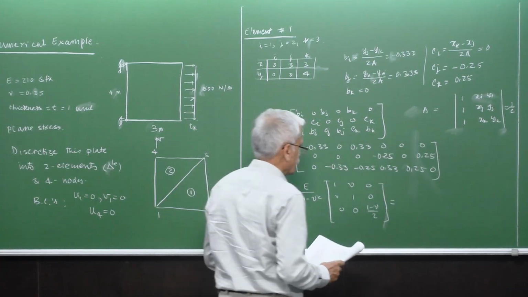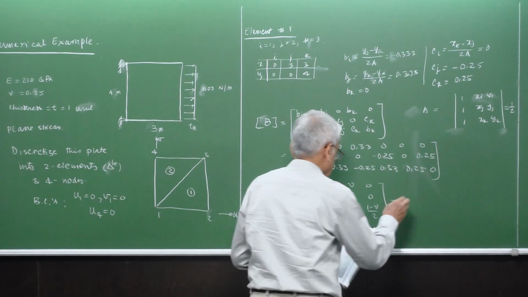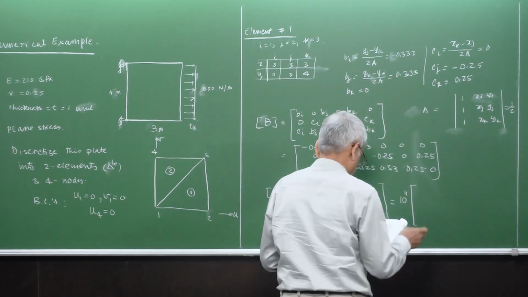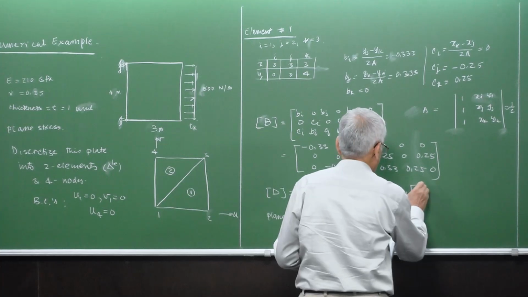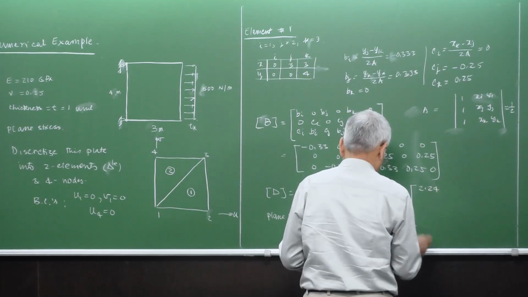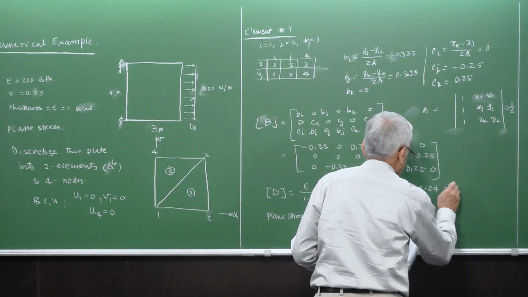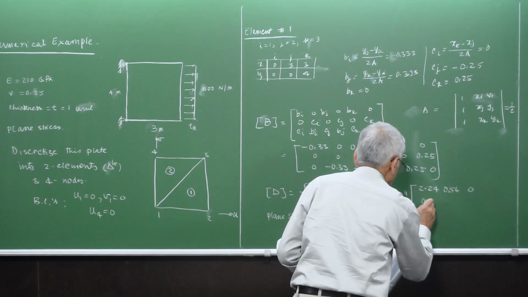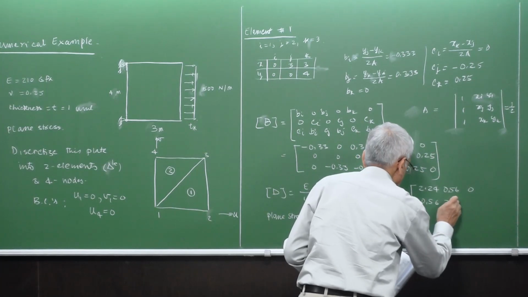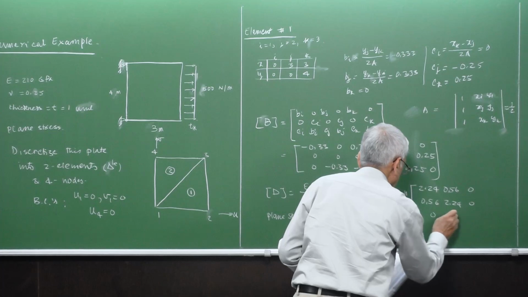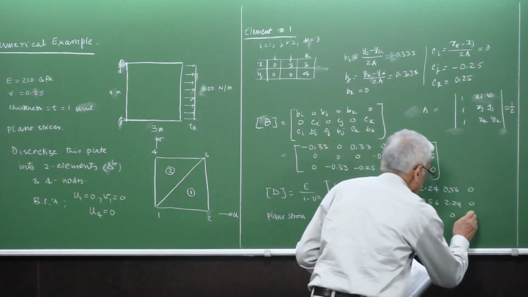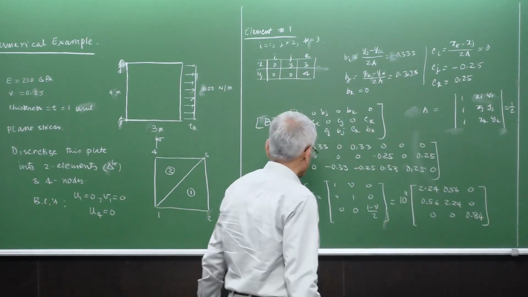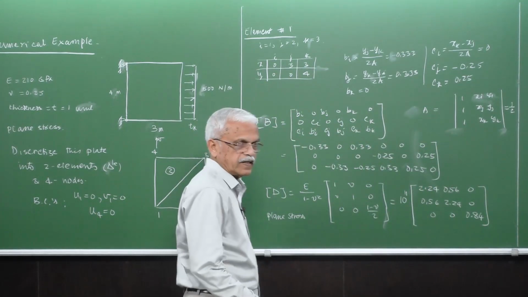So substituting these values, we get 10 to the power of 11, 2.24, and so on. Okay, so this is the D matrix, B and D.